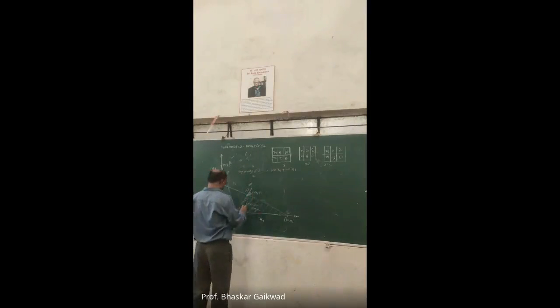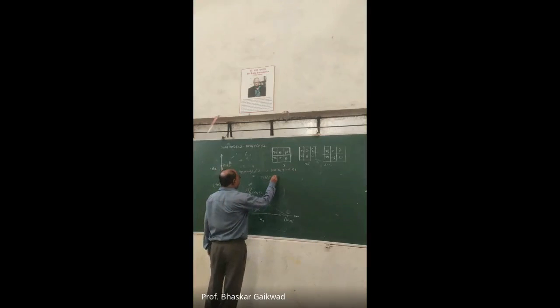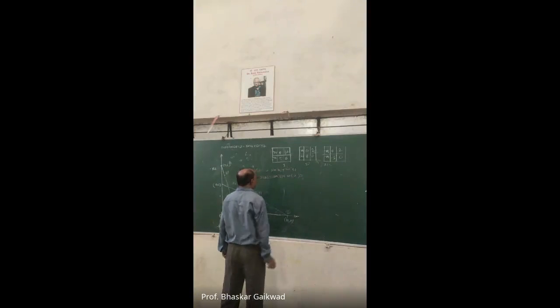So for point A, what is x1 here? 2. Okay. So here 100 times 2 plus 60. What is x2? 0. So what is your answer? 200.